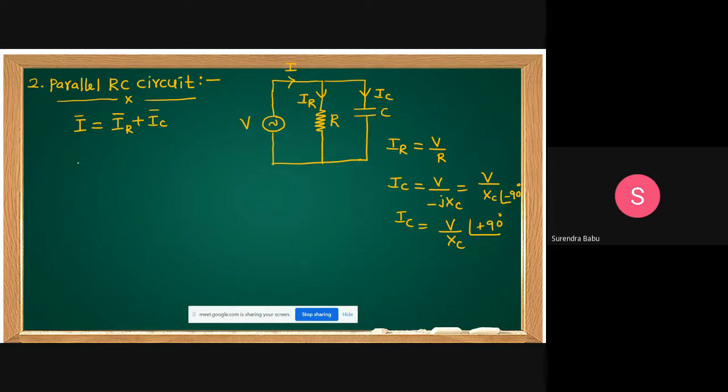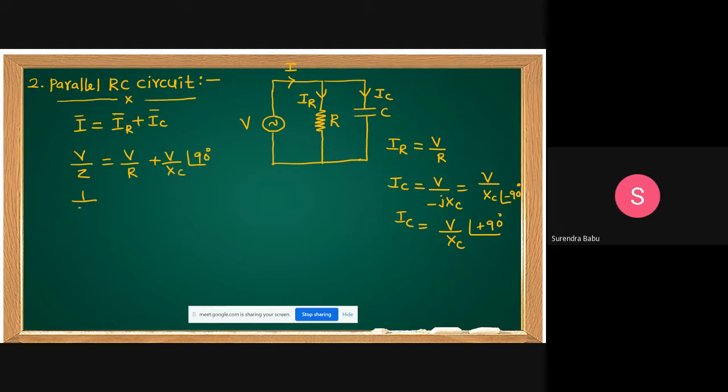Now I am writing I equal to V by Z, IR equal to V by R, IC equal to V by XC at an angle of plus 90.